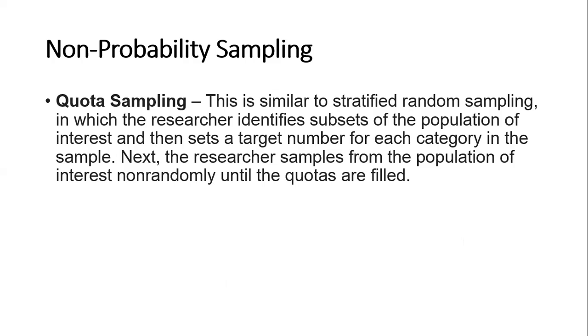Quota sampling, this is similar to stratified random sampling, in which the researcher identifies subsets of the population of interest and then sets a target number for each category in the sample. Next, the researcher samples from the population of interest non-randomly until the quota are filled.